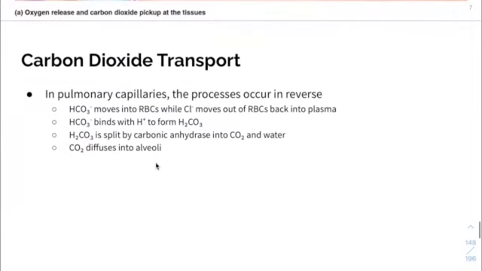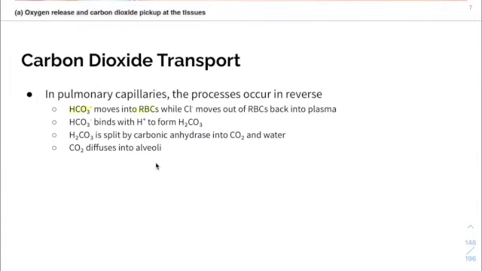So once our red blood cells get into the lungs, we need to get rid of that carbon dioxide and we need to pick up oxygen. So what just happened when the blood and the carbon dioxide was out in the interstitial tissues is now going to come back to reverse that process. So that bicarbonate is going to go back to that red blood cell.